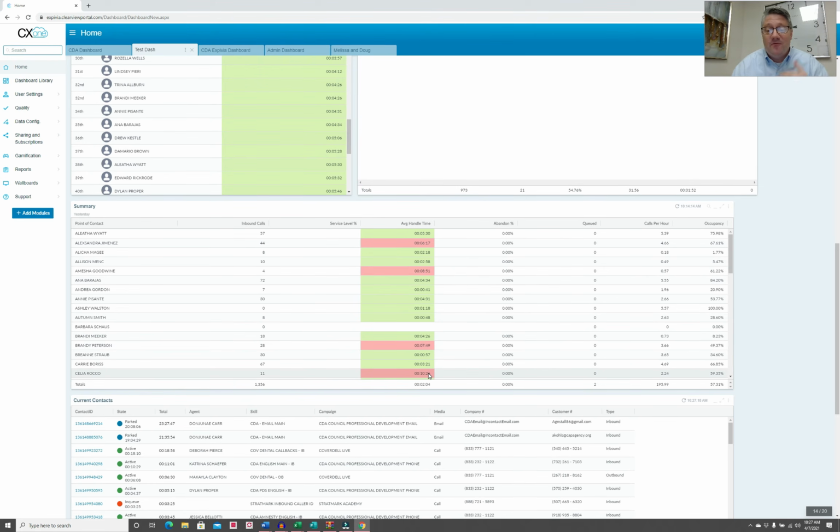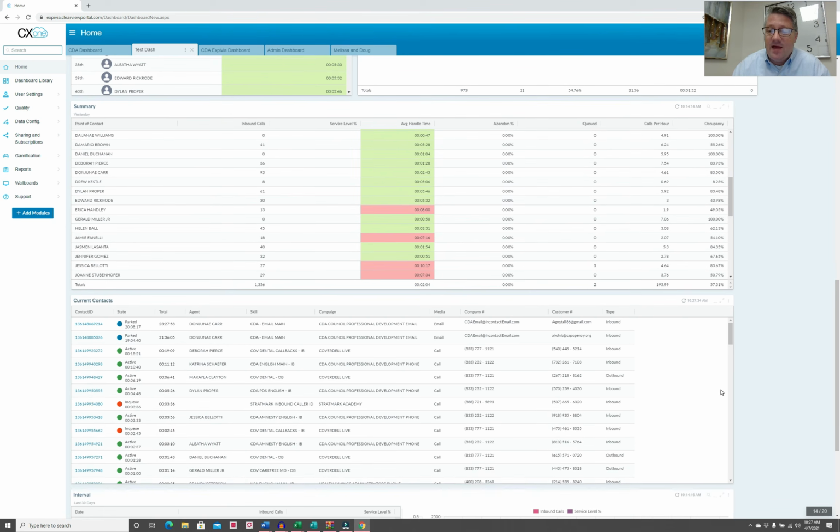But for the sake of this, if we're saying it's 6 minutes, we would look down here, find out who our anomalies are, right? And that's who we start to focus on, because we can see from yesterday where they were, and then looking at today, where they are as well. And again, looking at occupancy, calls per hour, their abandoned percentage.